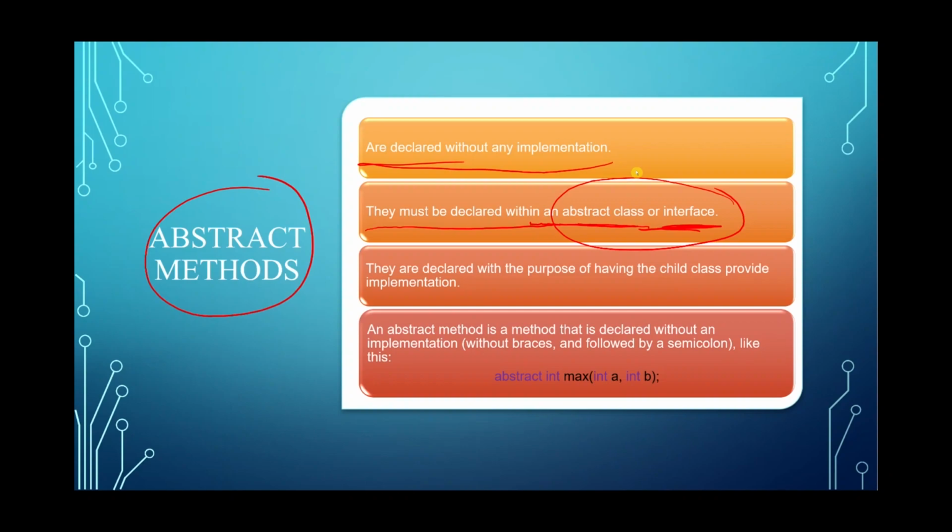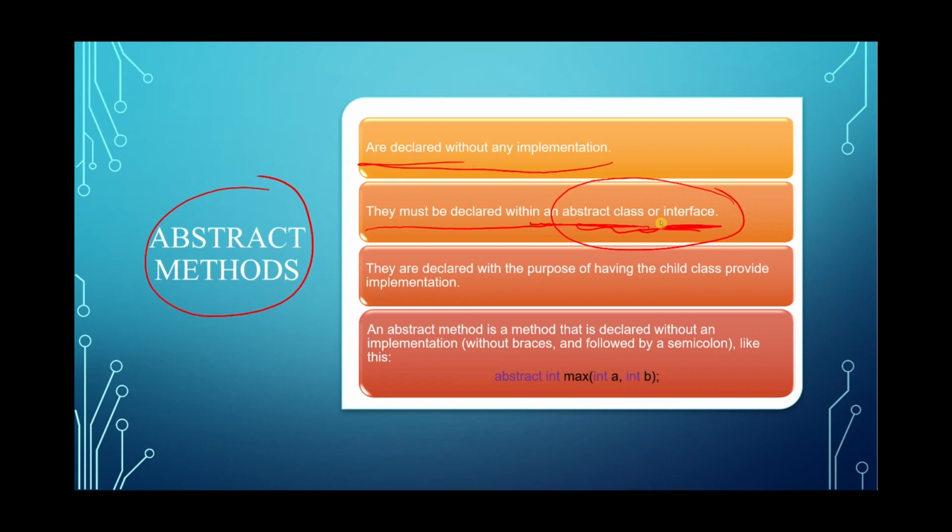So they are declared with the purpose of having the child class provide the implementation, because if you have an interface with an abstract method, you need a class to implement that interface so it implements the method.